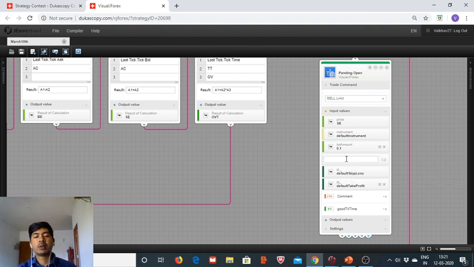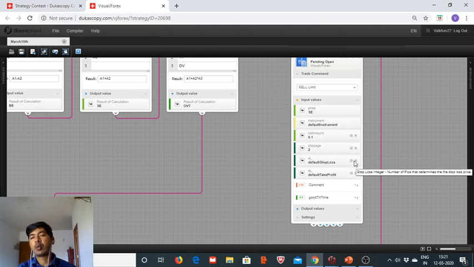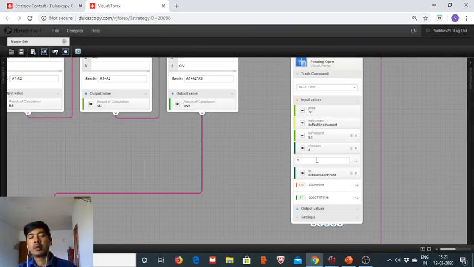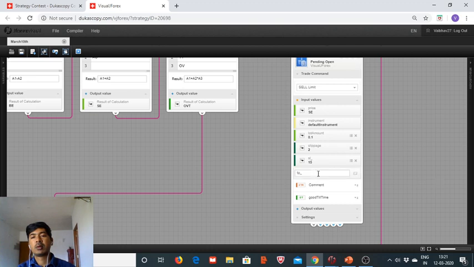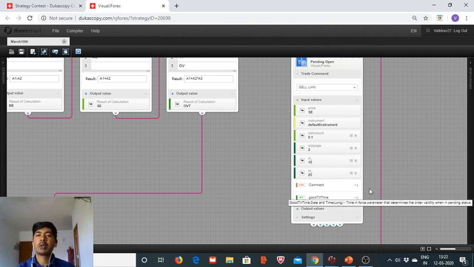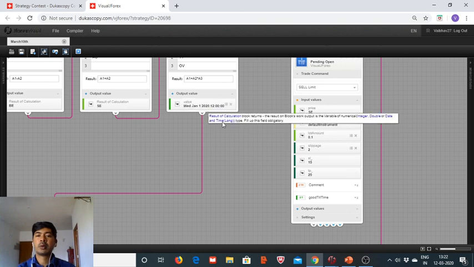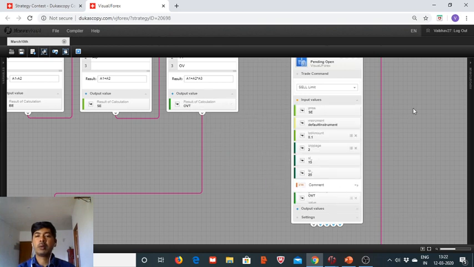Slippage 2 pips, just similar to the buy side. Stop loss at 15 pips, and the take profit will be 25 pips. So this is the order validity time for us.